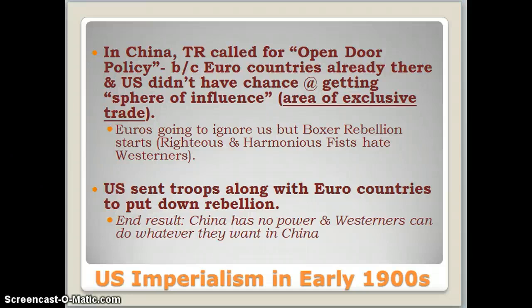And the result, because the United States worked with these groups, the European powers said, okay, we'll have an open door policy. And so the new policy in China was that we will now start having an open door. So the United States got to trade in China as a result of this.